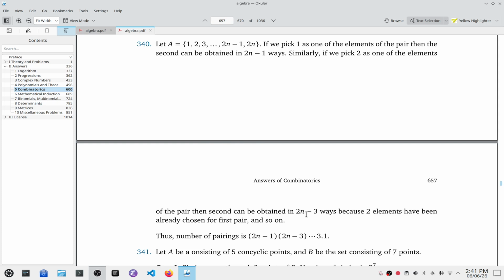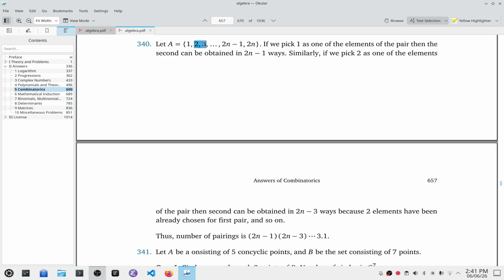Second can be obtained in 2n minus 3 ways because 2 elements have been already chosen for first pair. Okay, so 2 elements mean 1 and 3, for example. Let's consider 1 to 3, okay? So if we consider numbers 1 to 3, 1 will have 2 pairs, 2 and 3.